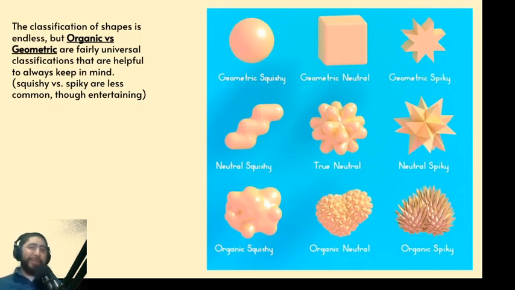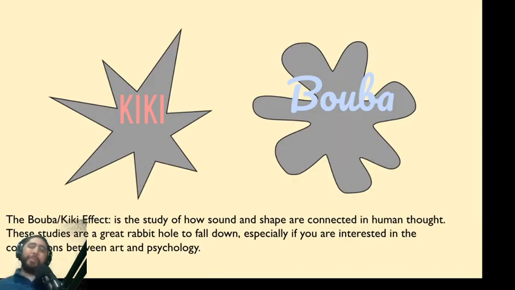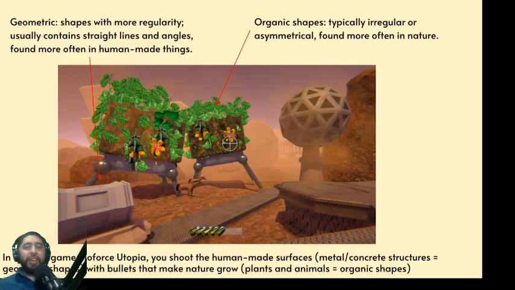This is something to read on your own, organic versus geometric. That's something to read on your own, basically boba versus kiki, how that sounds psychologically.